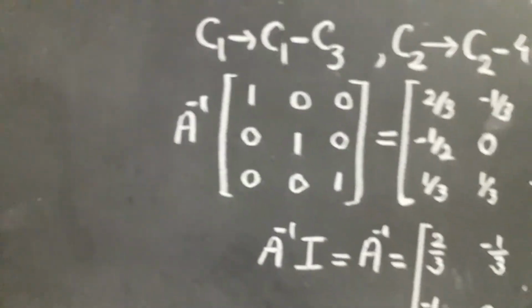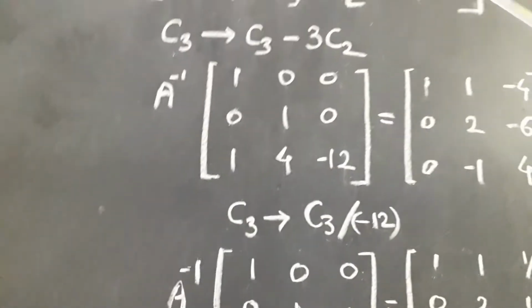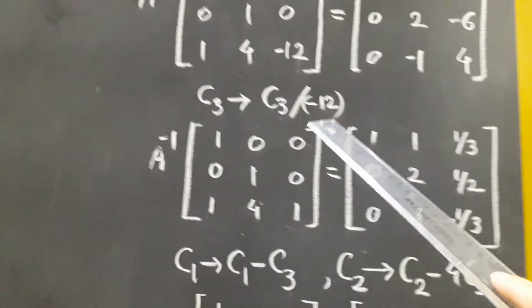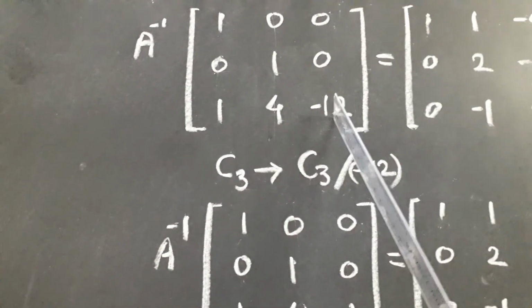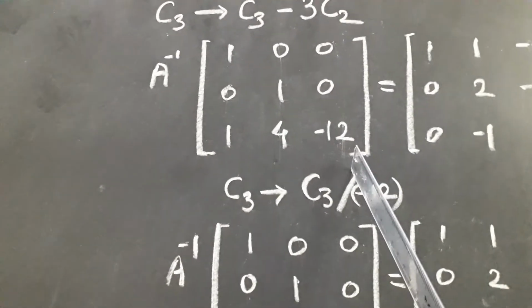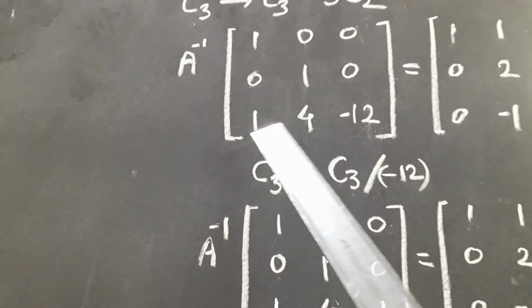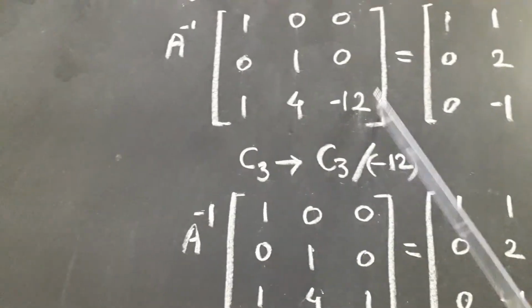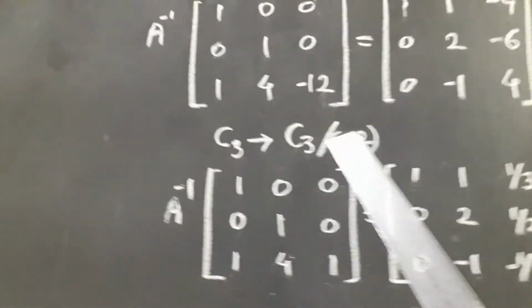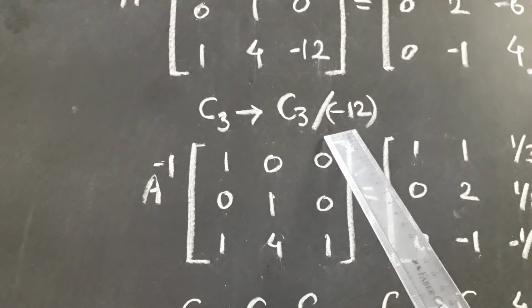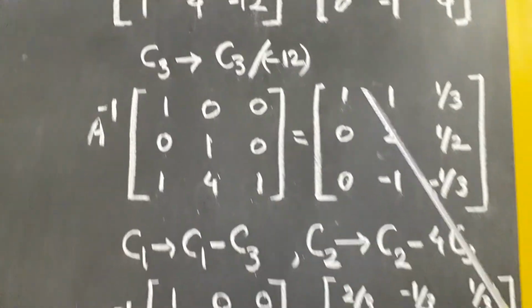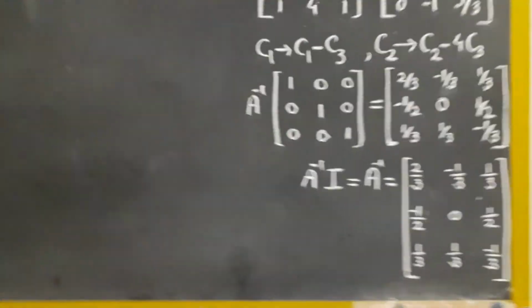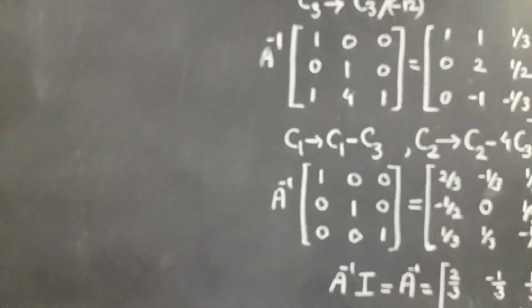So we have to get something which are fractions. We avoided the fractions in the first places, but ultimately when we want to convert the R3 into 0, 0, 1, to bring 1 over here, we could not actually avoid the fractions, and this is how we can complete to get the inverse of the matrix.